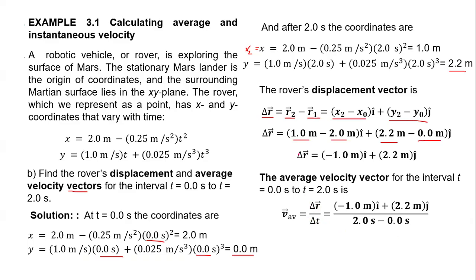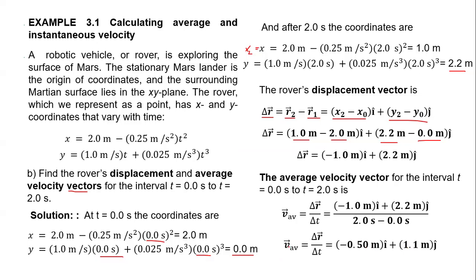We already have the displacement vector, which is this one, over the time interval, which is 2 seconds, 2 minus 0. If you do the mathematics, you have 0.50 meters i hat plus 1.1 meters j hat.